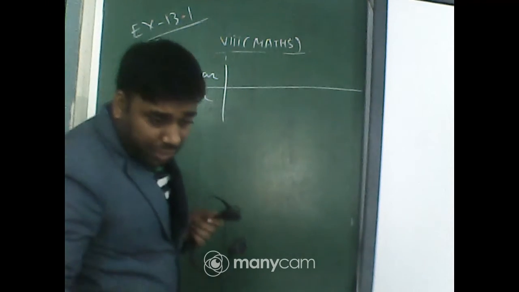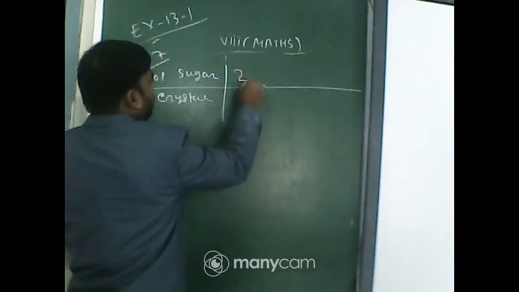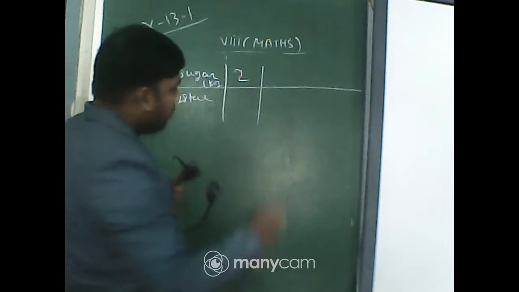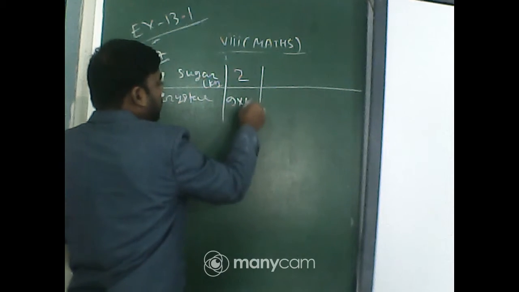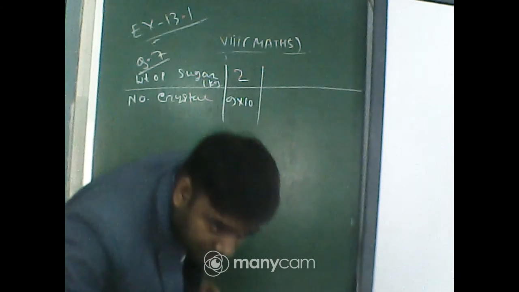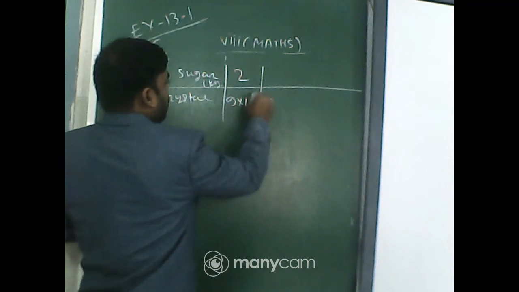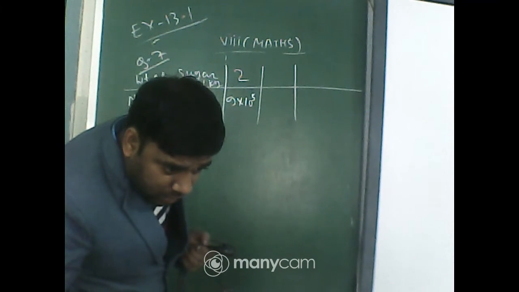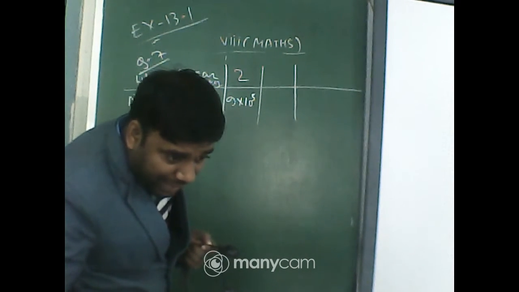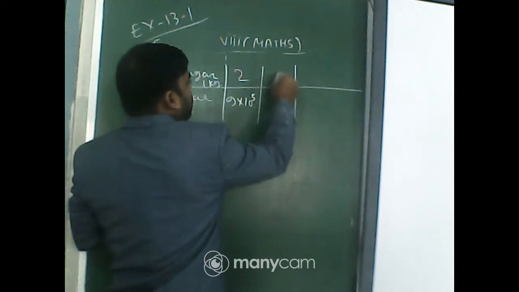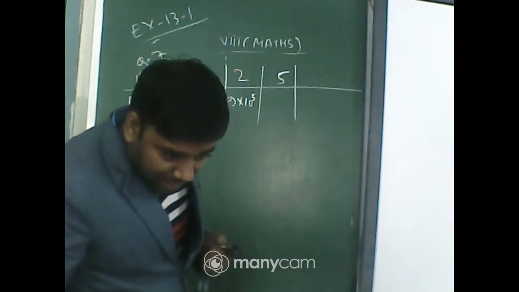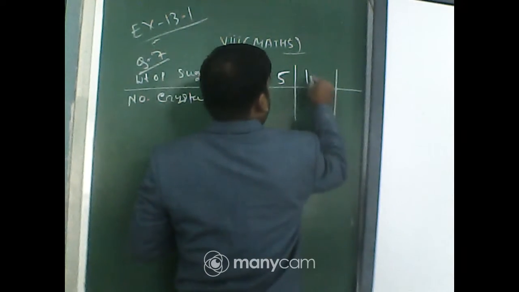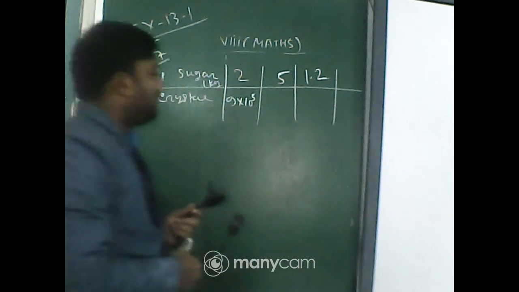Now, when the weight of sugar is 2 kg, the number of crystals is 9 into 10 to the power 5, and we have to find the number of crystals when the weight is 5 kg, and also when the weight is 1.2 kg. So this is the question.